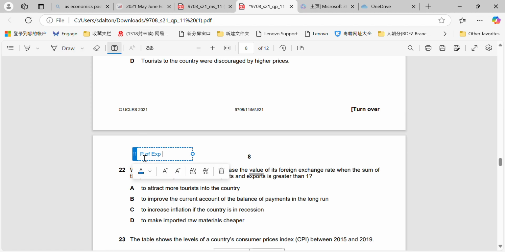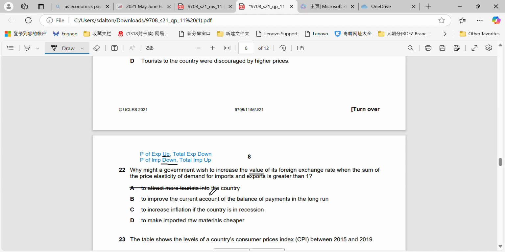So the price of exports will go up, total exports will come down, price of imports will go down, total imports will go up, and we know that to be factually correct because we're told about the combined PED values. So why would they do that essentially? Why would they want their total imports to go up and total exports to go down?